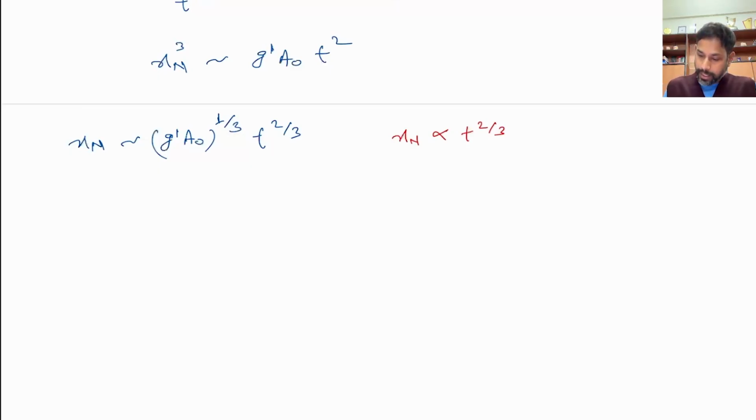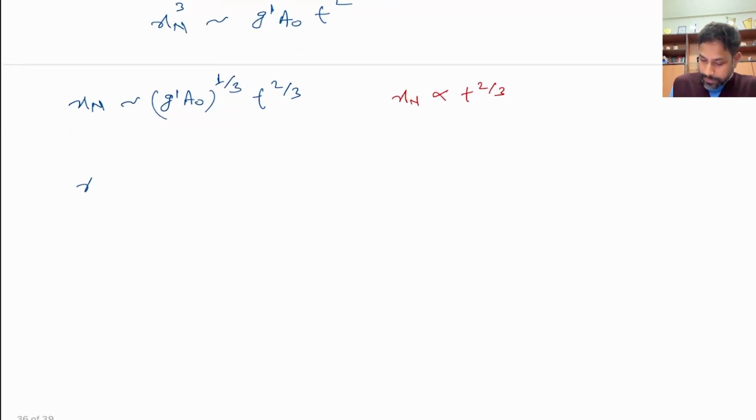Okay, and what we can do here is remove this equivalent form and use a constant to convert that into an equal form. So let's say that is xn equals C1 times g prime a naught to the power 1 by 3 times t to the power 2 by 3.